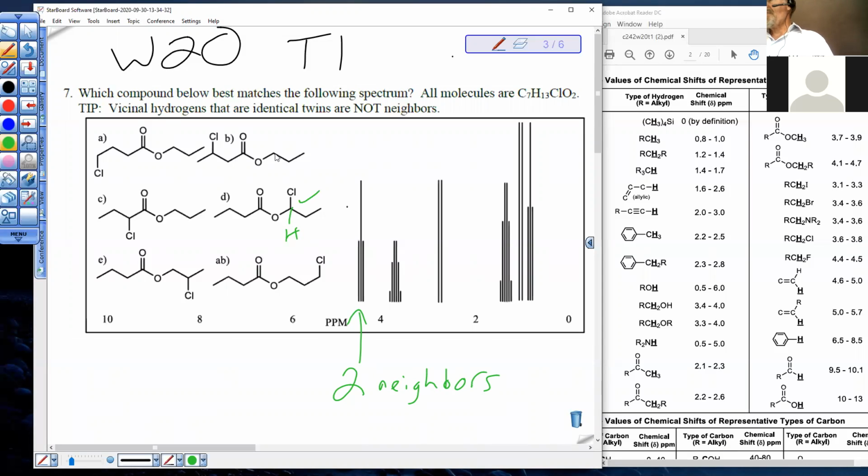This H here works because there's 2 neighbors. This one has 1 neighbor. Hey, got rid of 1. And this H here works because it has 2 neighbors. Okay, every time you can get rid of 1, you're getting towards your answer.